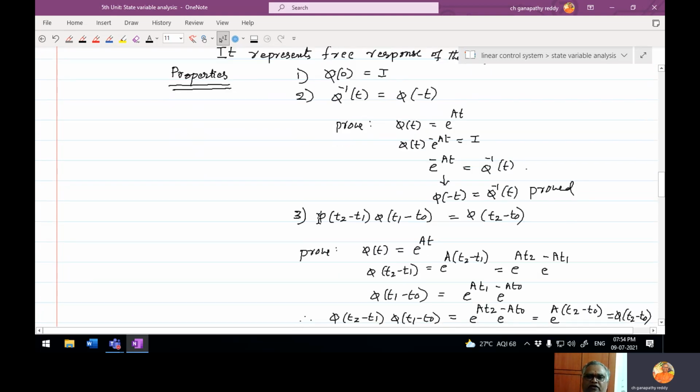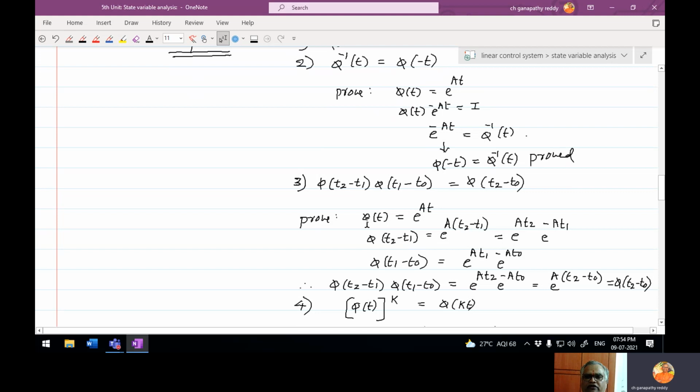Similarly, what is the third property? Phi of (t2 minus t1) into phi of (t1 minus t0) equals phi of (t2 minus t0). So this t1 will cancel. How to prove it? Phi of t is equal to e power At. Phi of (t2 minus t1), t replaced with (t2 minus t1), you can express in this product form.